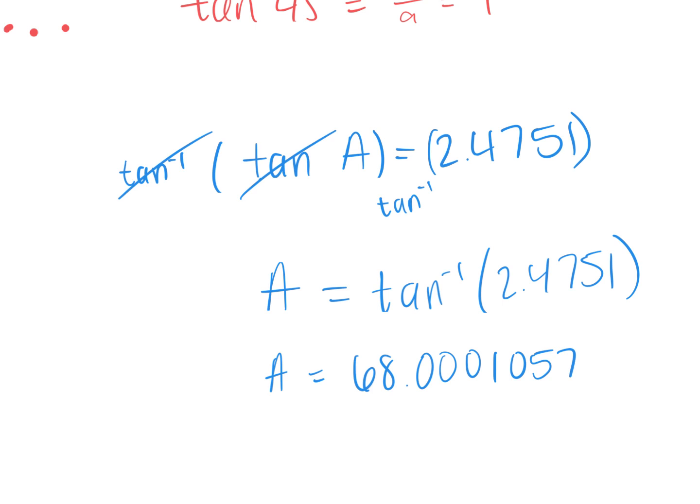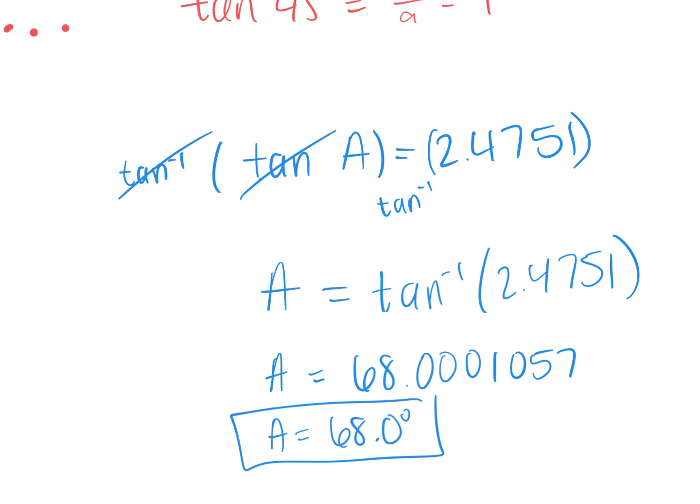That would be 68.0. So the angle A equals 68.0 degrees. Remember, when you use the tan inverse, you're basically using the inverse of tangent, so your answer is going to be an angle, and angles are always measured in degrees.